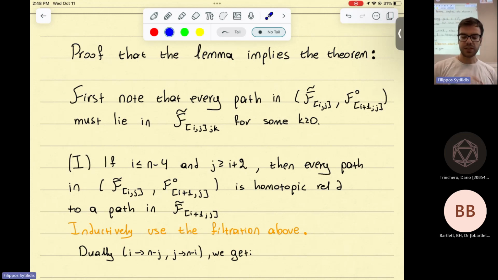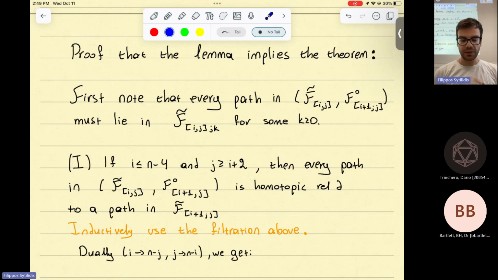Right, so here we start with endpoints that don't have index i critical points, but throughout the path we might introduce index i critical points. Basically, I want to use the lemma to show that all of these paths can be homotoped into paths with no index i critical points.